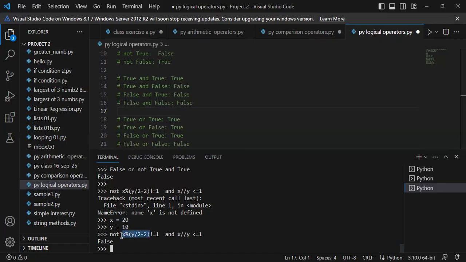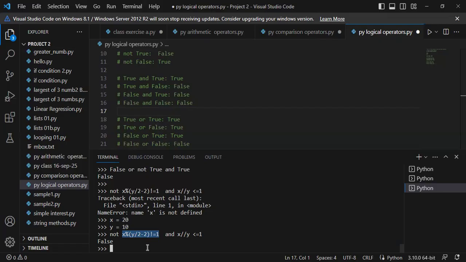Hope you know how I got 2. Yes. Because if you divide 20 by 3, you get 6 remainder 2. And that remainder is the modulus. Okay? So we have 2. And then 2 not equals 1 is what? 2 not equals 1 is true, right?